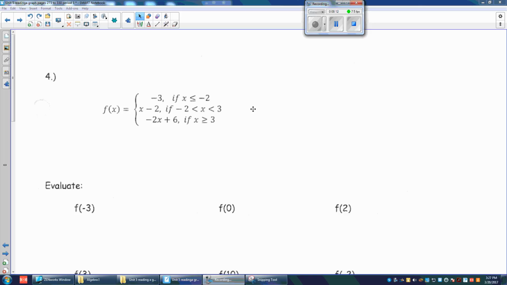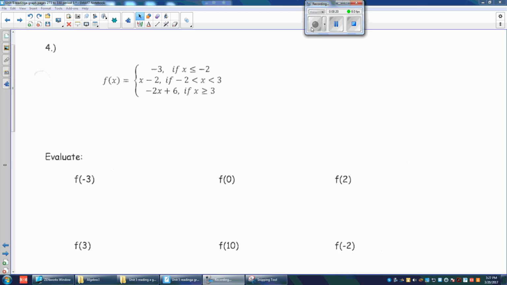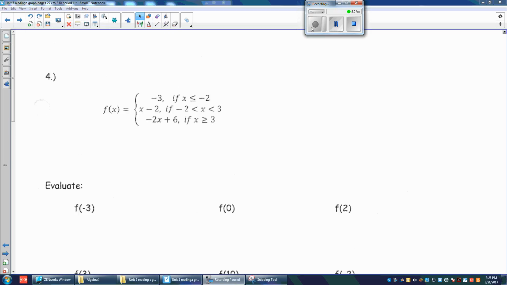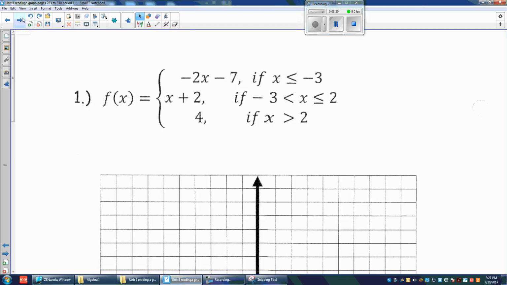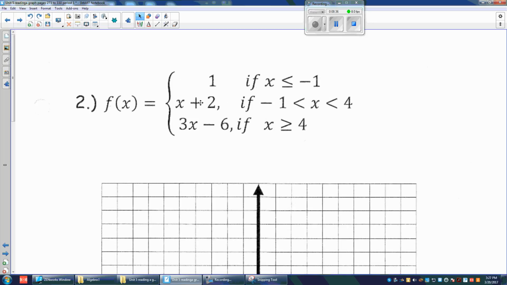Now on the next page is a problem just like it. So you can do page 311 with the people near you, and also finish up 310, what I didn't do with you. 312 is graphing, and so is 313.